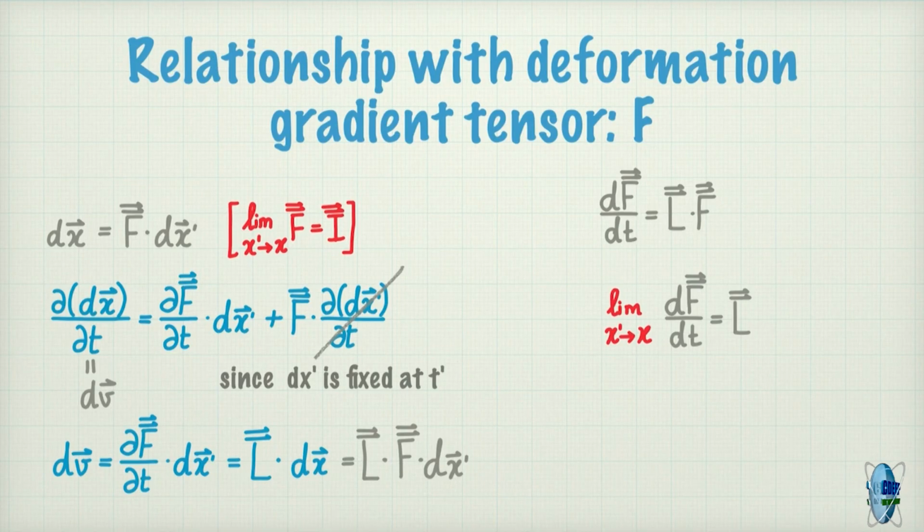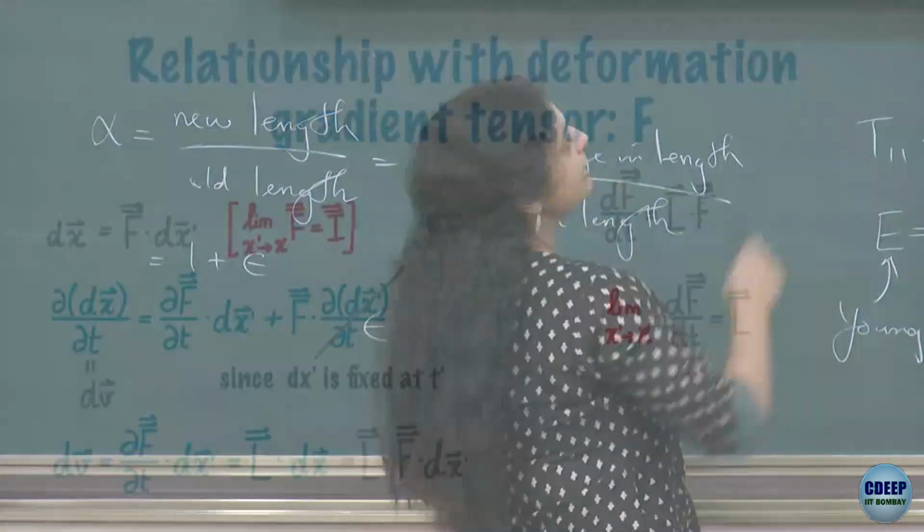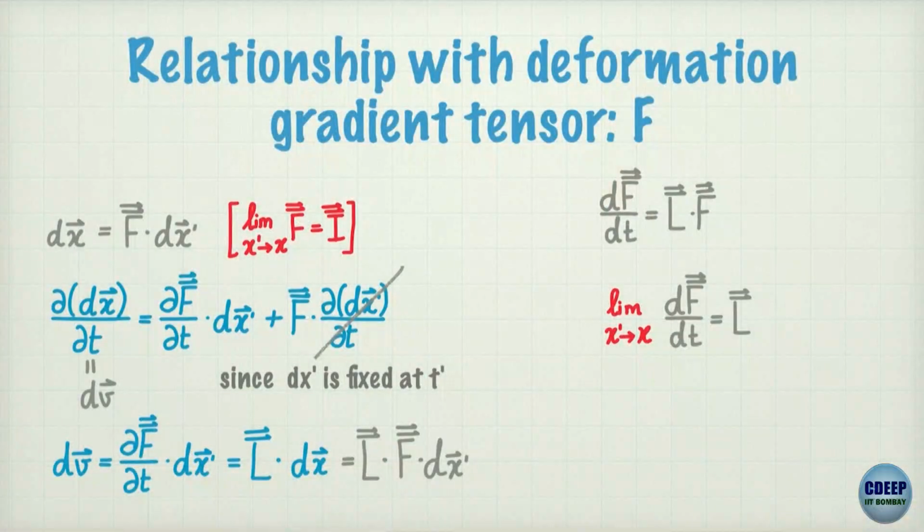And now you can take the limit that as x' tends to x, in the sense that the deformation is really small. In really small deformations, basically F, which is your deformation gradient tensor, would be just 1, right. And so, in that limit we can say that dF/dt is nothing but L, and it sort of makes sense.